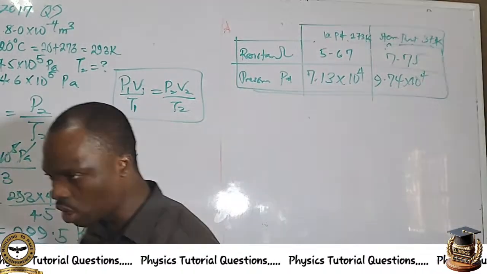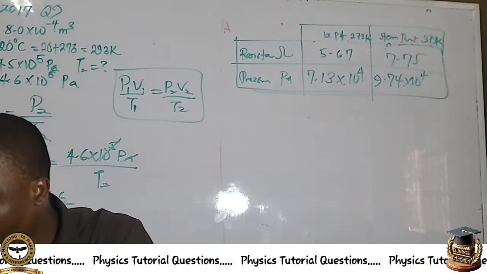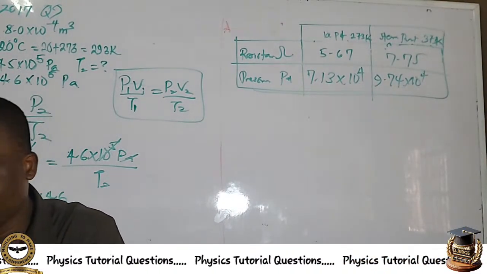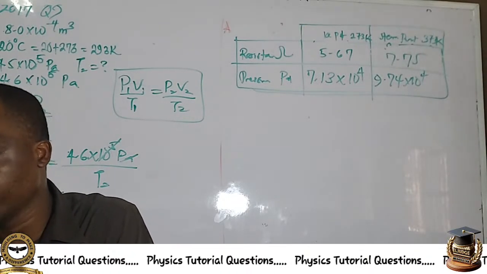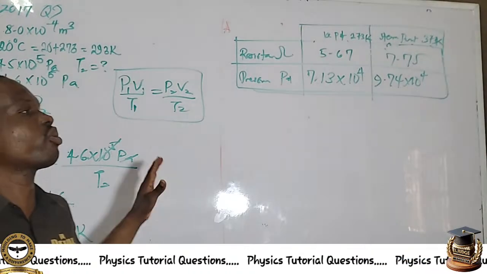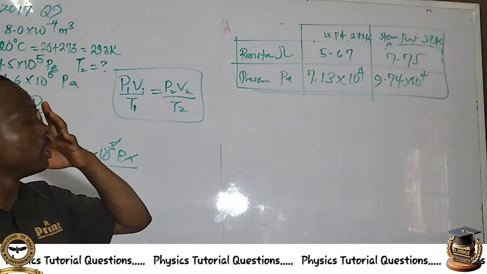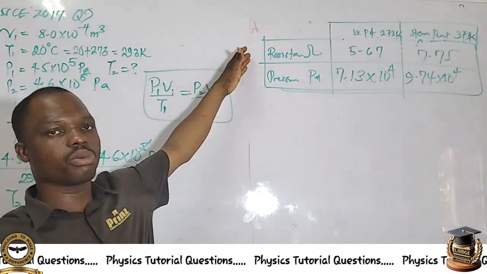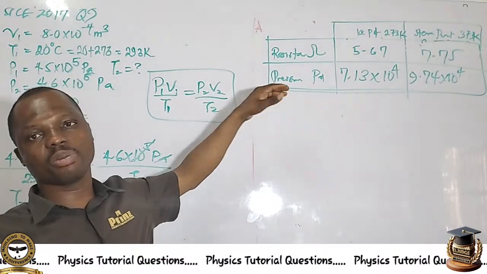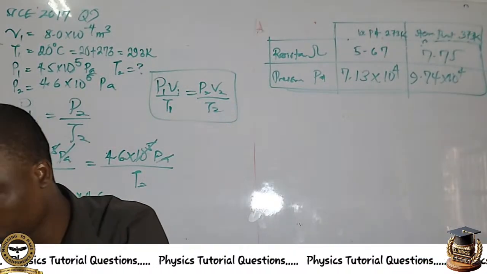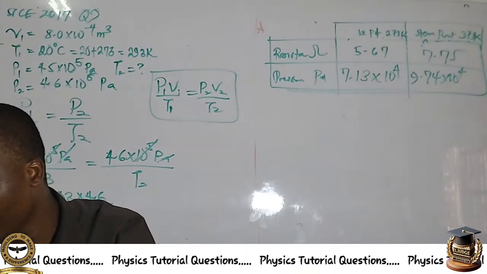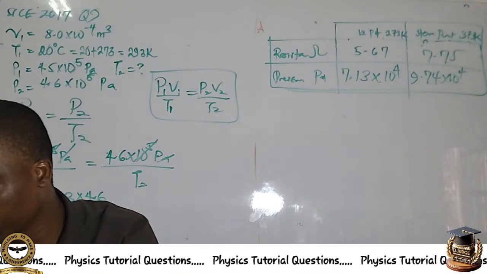The question reads thus: the table above shows readings of the resistance and the pressure of a platinum resistance thermometer. This question is all about comparing two thermometers together. We have the resistance thermometer, which is the platinum thermometer, and the pressure thermometer, being compared with each other.